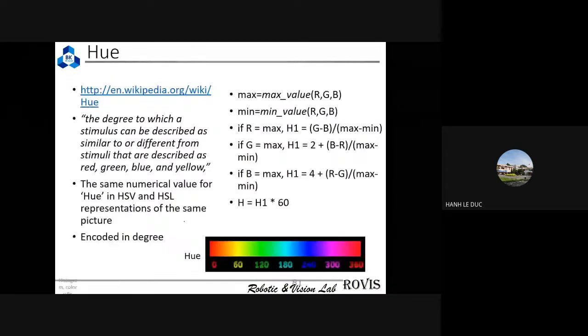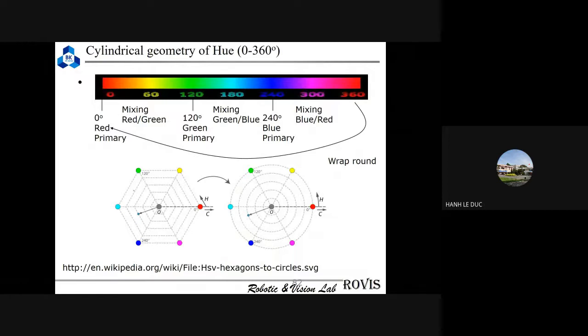So for example, when it changes from 0 to 360, you will have the color space here, the color space here, the color space here. Okay, so that means if the Hue value is 120 degrees, that is the green color. 0 is the red color.